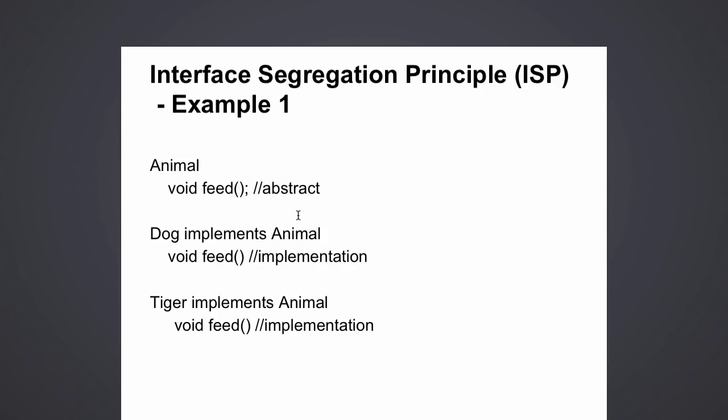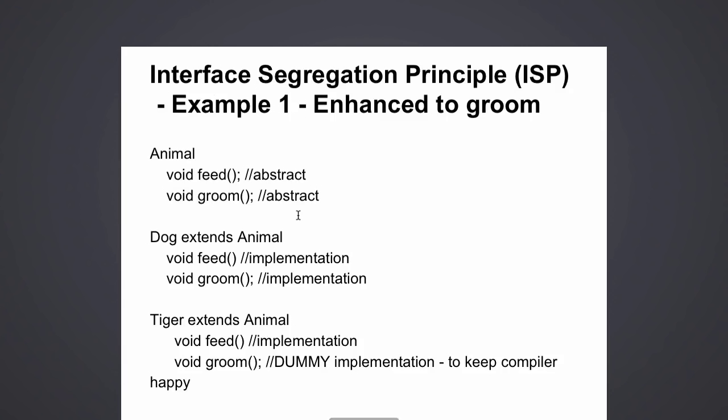Let's take this example on interface segregation. There's an animal and there's a feed method in the animal, and we have a dog and tiger which implement those methods. So this is how the code was at the start. Later, a groom method was introduced. And the groom method usually is only applicable to domestic animals.